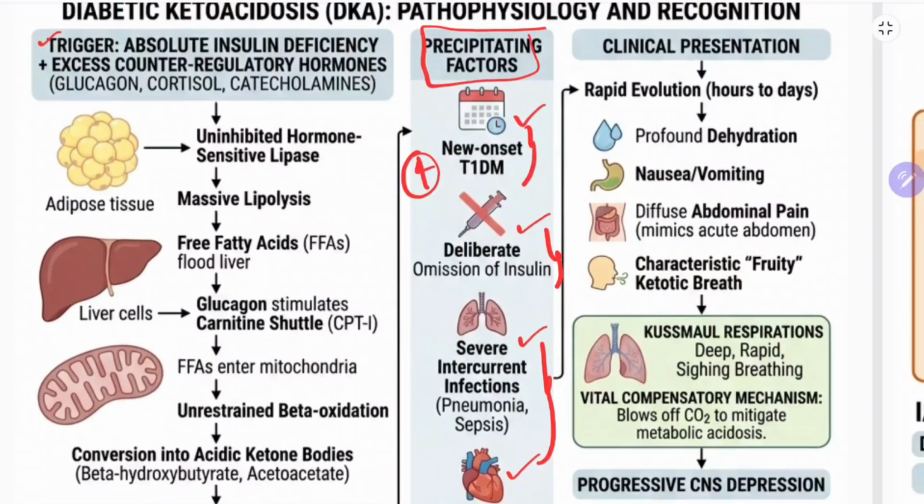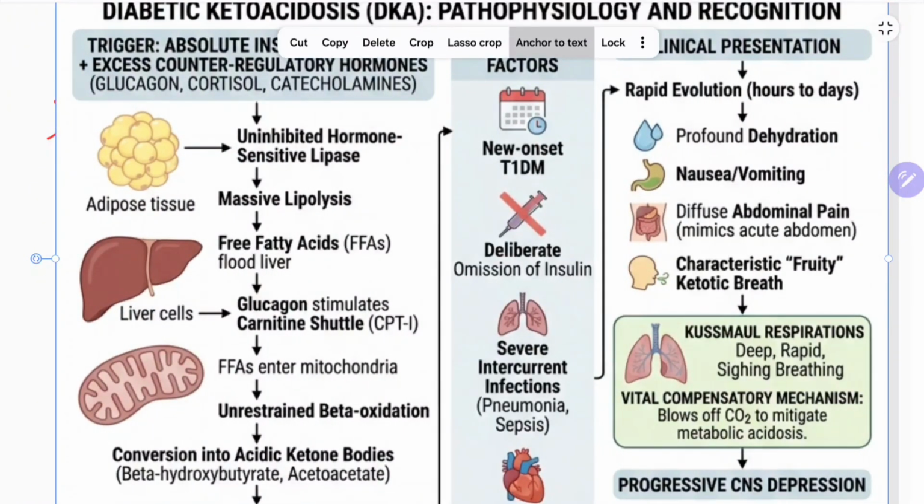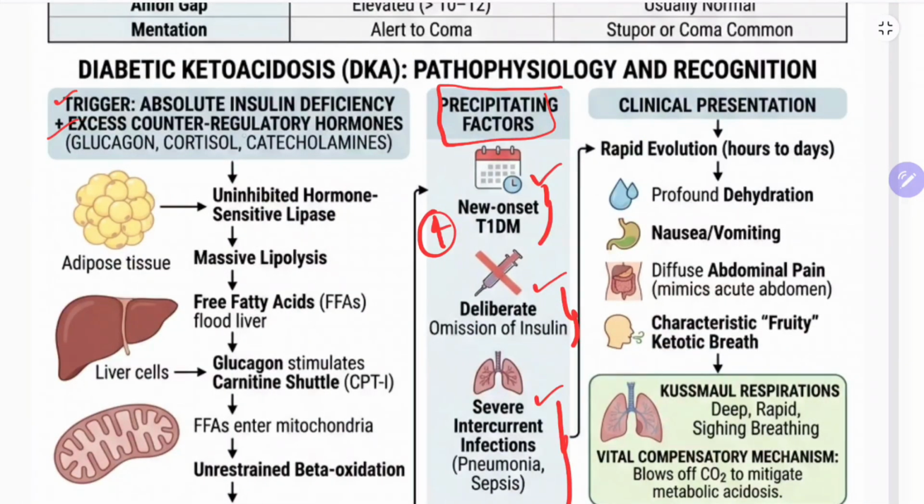So when this happens, there is absolute insulin deficiency, and to counter that, there will be a release of counter regulatory hormones like glucagon, cortisol and catecholamines. So what they will do, the hormone sensitive lipase which is present in adipose tissue will become uninhibited, and that will cause massive lipolysis to release free fatty acids.